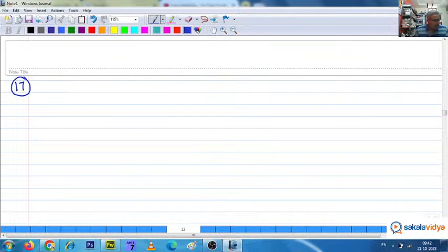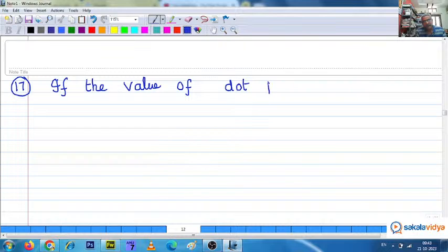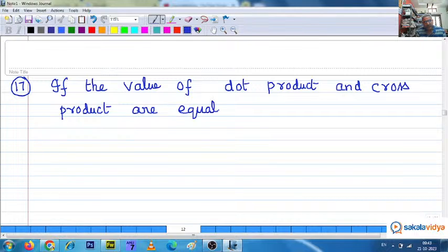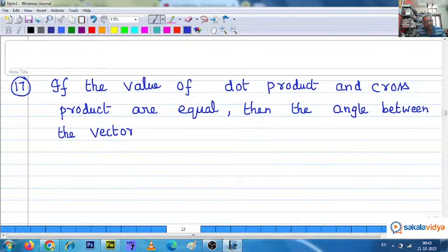Right, now if the value of dot product and cross product are equal, then the angle between the vectors, what is our answer?